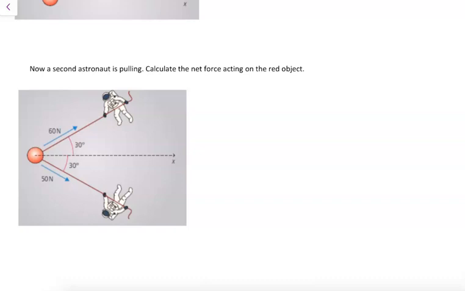And that's why we really like horizontal and vertical, because if I were to draw a free body diagram, I have some 60 newtons going this way at an angle of 30 degrees, and then we have 50 newtons going this way at an angle of 30 degrees.